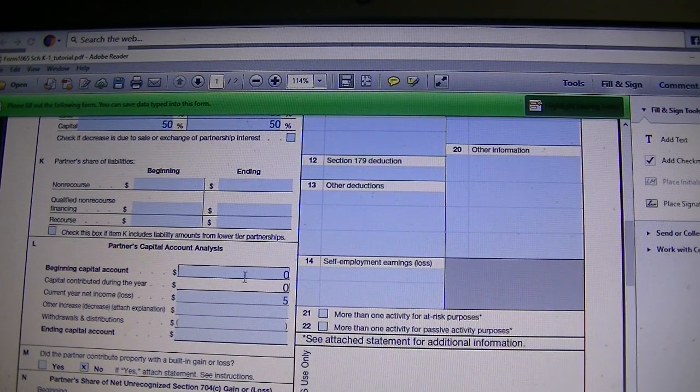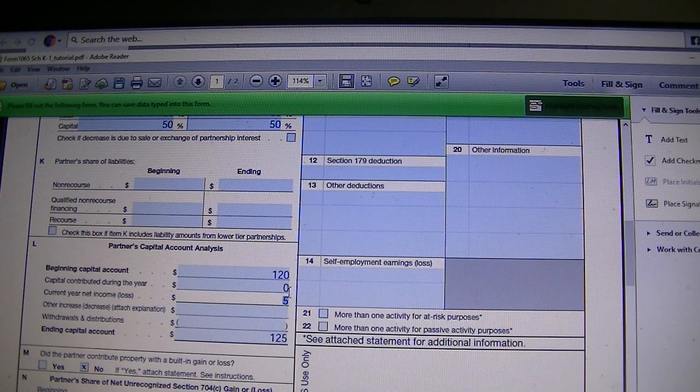And the beginning capital account, if your bank account at the beginning of the year was, say, $112, $120, that's what you'll end there, you'll add there. If you didn't take anything out of the account, your total will be 125, just as an example. And the partner didn't contribute any property. And keep in mind, in fact, this one shouldn't be 5, it will be half of it. So it will be just 2. And that will be 122.